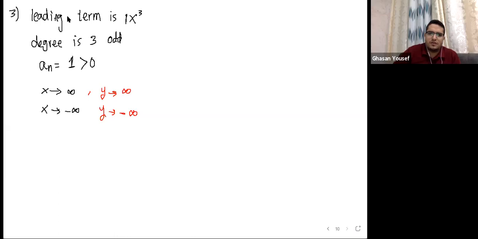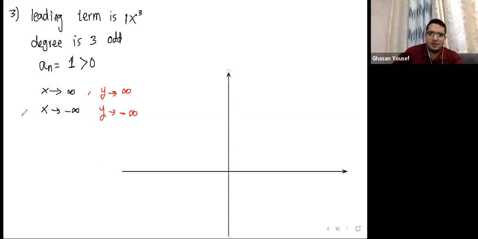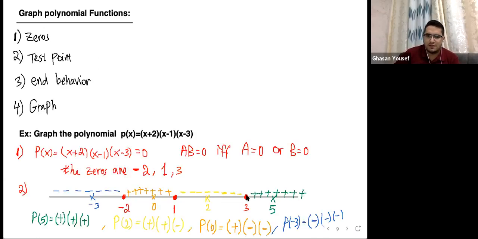So first of all, when you graph, this is step number 4. I have to graph the Cartesian plane like this. You have to put the zeros on the x-axis. So what are the zeros? They are 3 and 1 and minus 2.